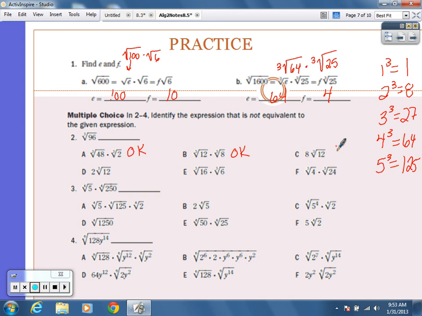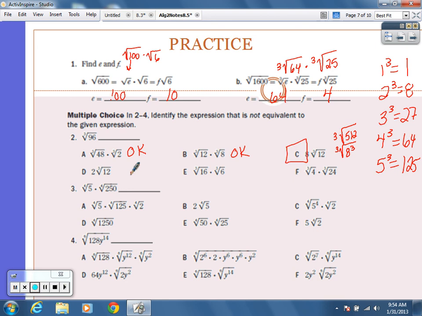If 8 was to be on the inside, we would have had to take 8 cubed, because this would be the same thing as the cube root of 8 cubed. That's how they got 8. 8 to the third power is 512. So then that would be the cube root of 512. 512 times 12 is way bigger than 96. C does not work.